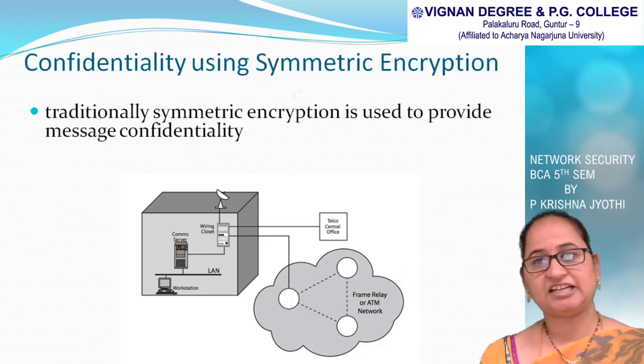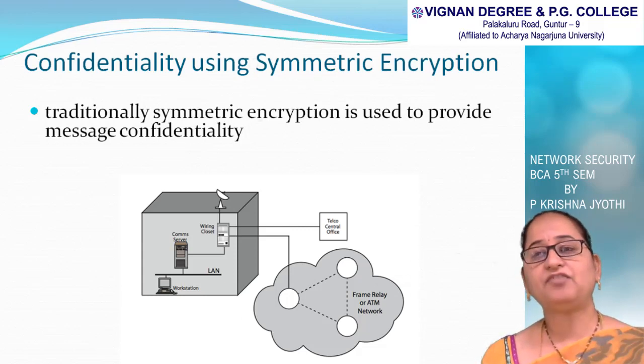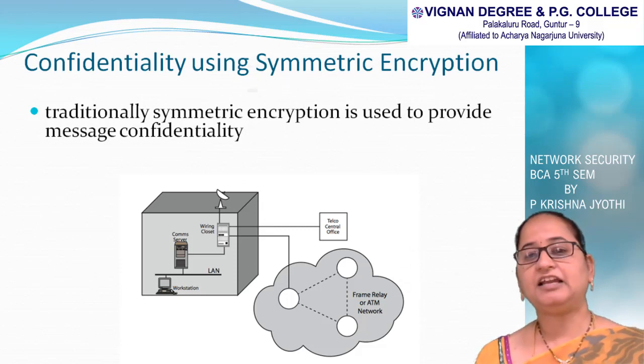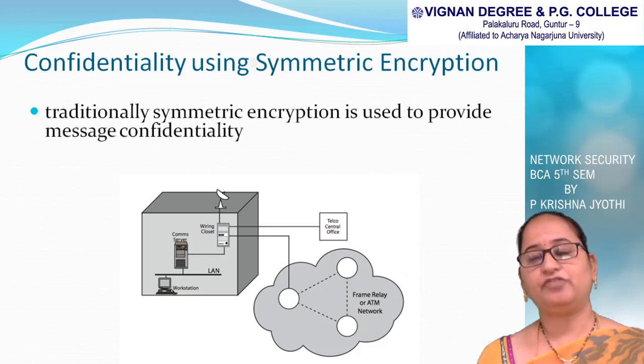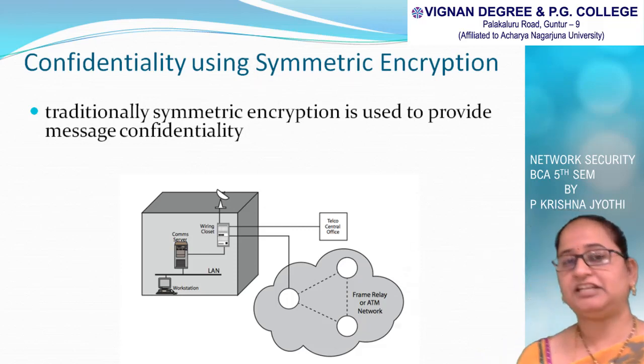After that, it is connected to the wiring closet, which is a place of vulnerability. From the wiring closet, the organization communicates with the telecom central office and the frame relay or ATM network, which are also places of vulnerability.